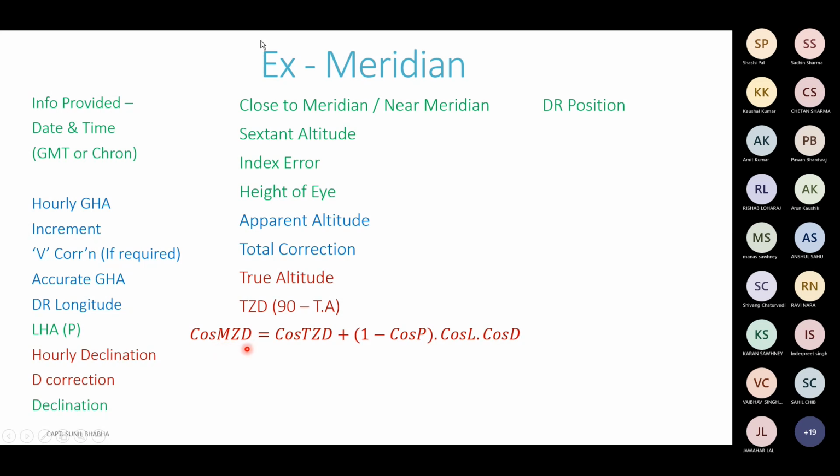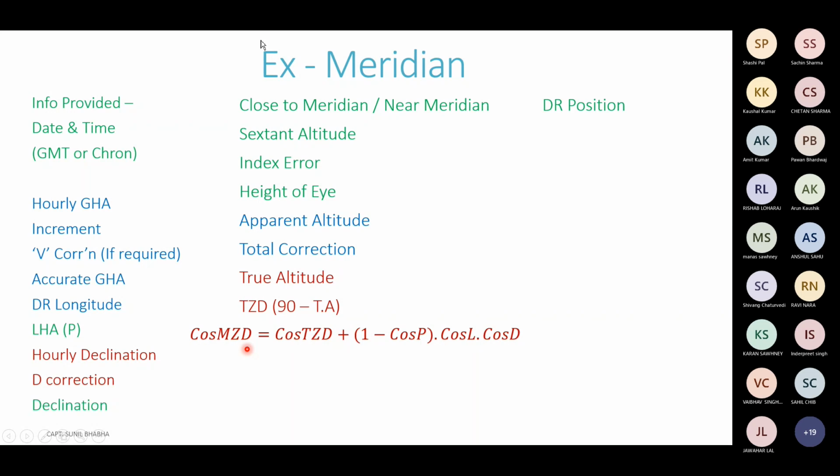Now before I explain the remaining part, let me explain to you a little bit the relevance of X meridian. I told you that nowadays it is practically redundant, but in the olden days the X meridian method was in use.